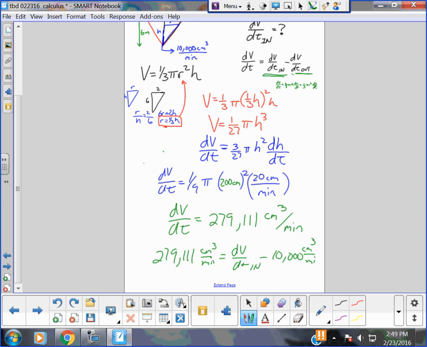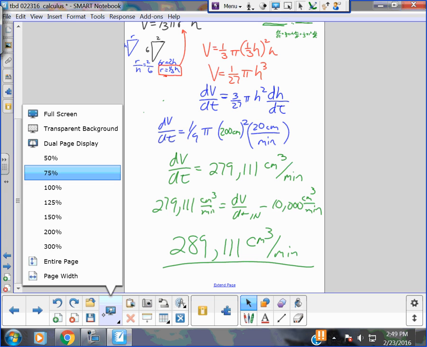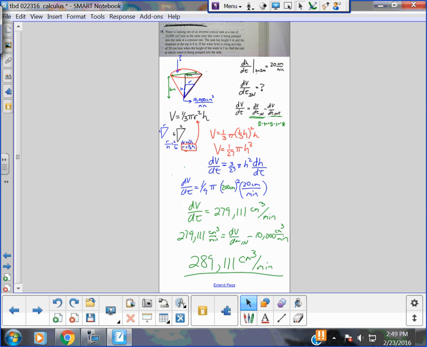So it's leaking a little bit, and it's pumping in a lot. So to get a net of 279, you add the 10,000 over. The final answer is 289,111 cubic centimeters per minute.